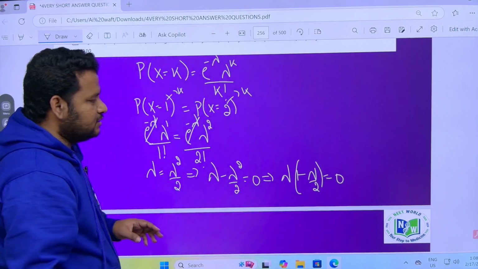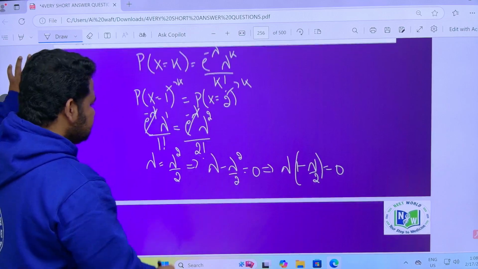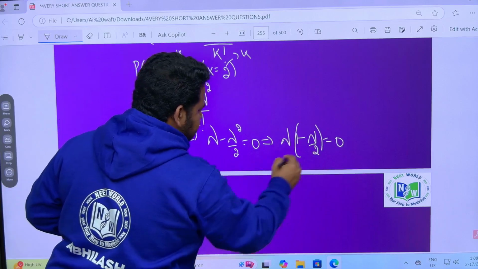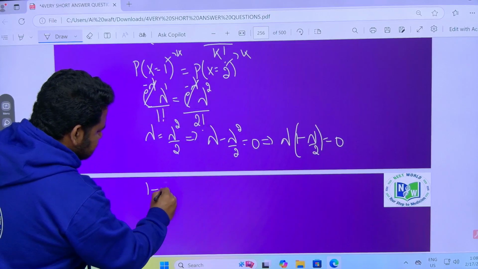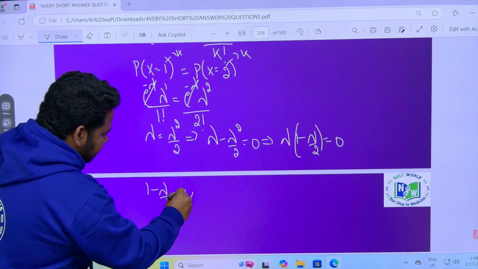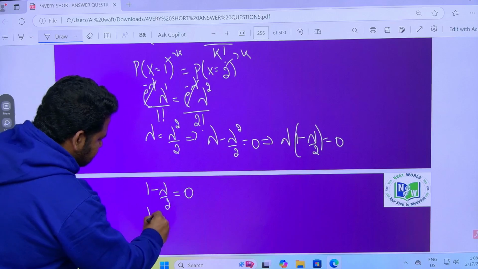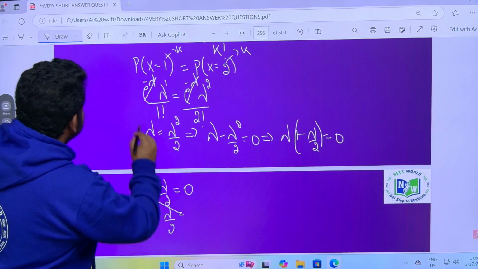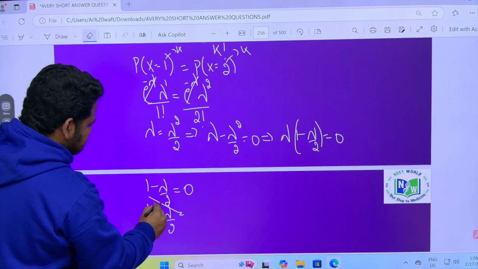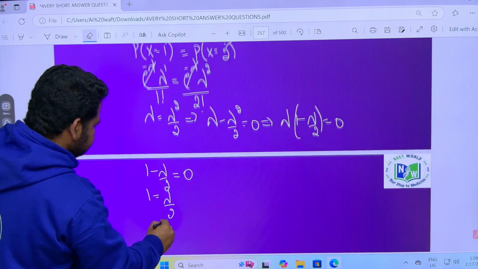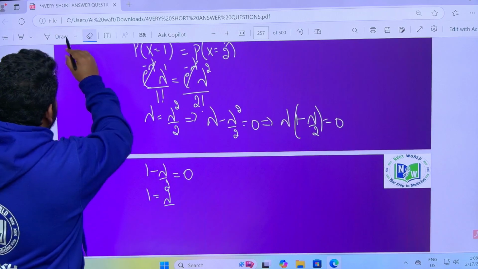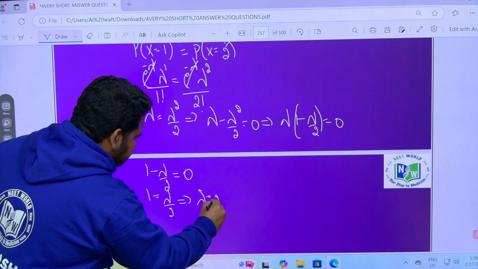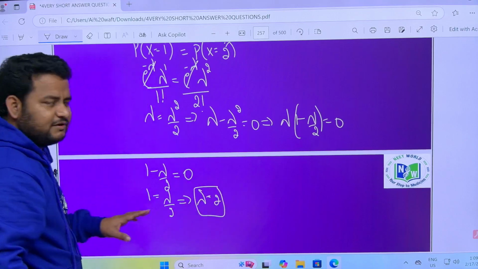This implies lambda is equal to 0, or 1 minus lambda by 2 is equal to 0. So 1 is equal to lambda by 2, so lambda will be equal to 2. So we got the value of lambda.